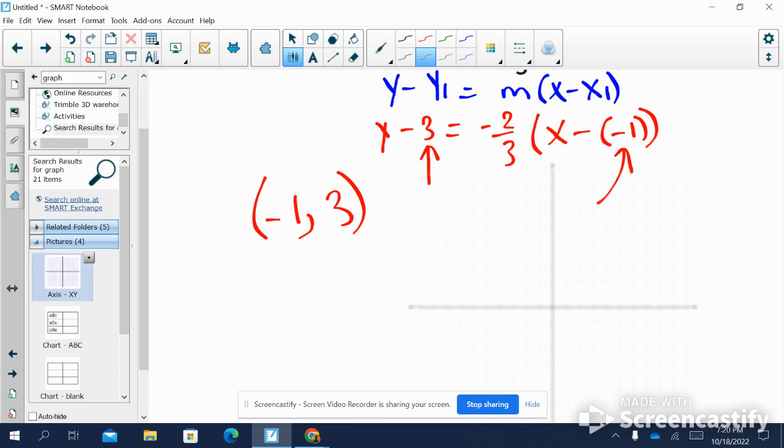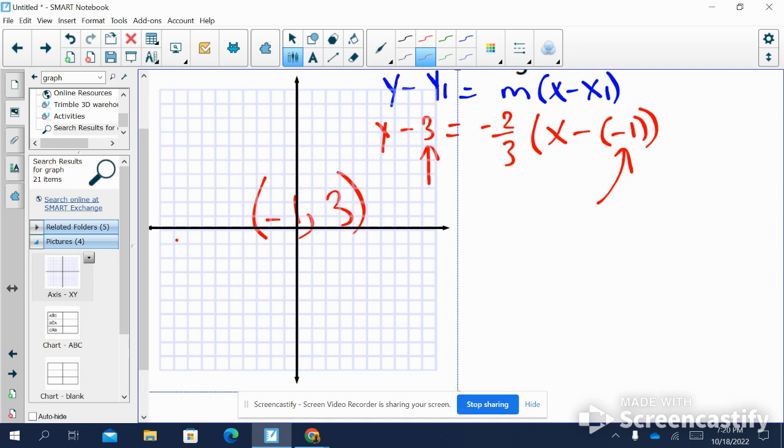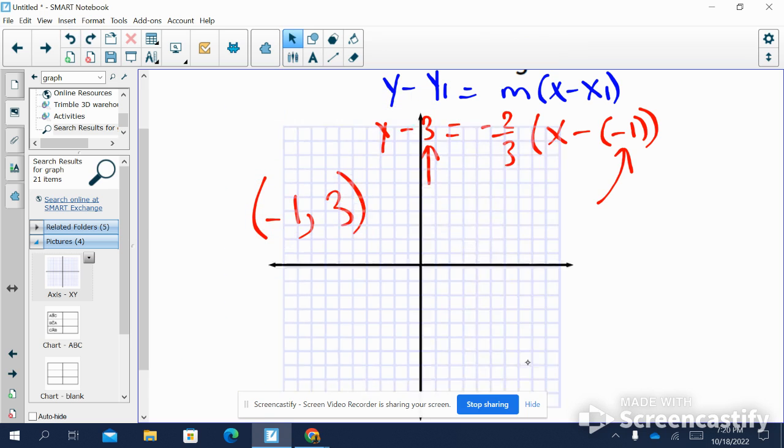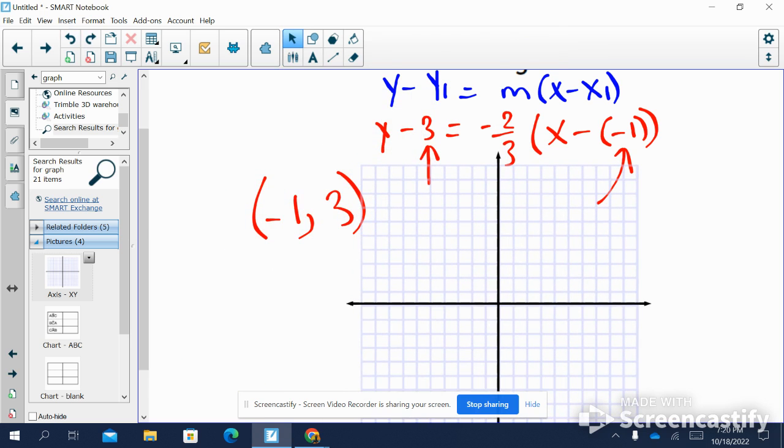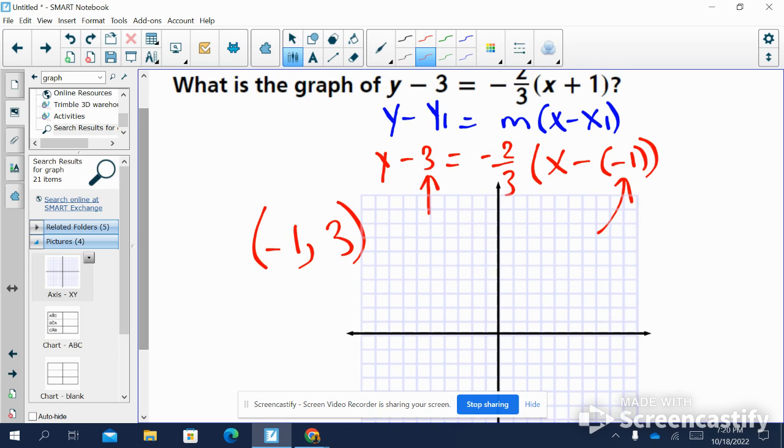Let me bring a graph over. Give me a second. There we go. All right, so I'm going to plot negative 1 comma 3. So I go left 1 from the origin and up 1, 2, 3, and plot my point. Now that I have a point, I'm going to use the slope to plot a second point.